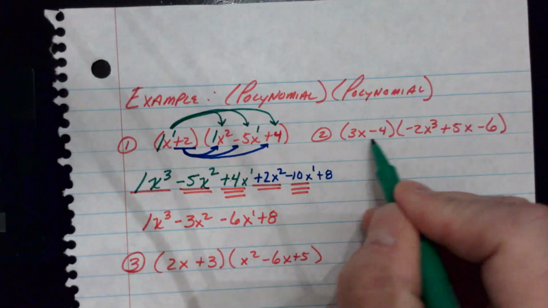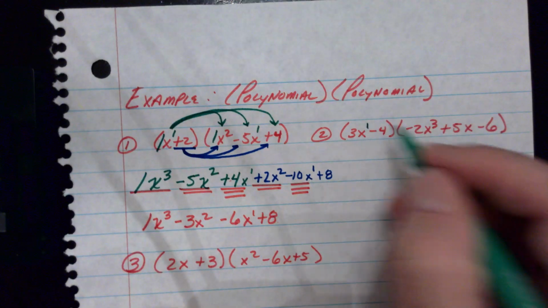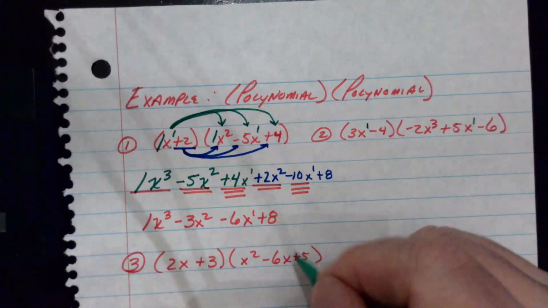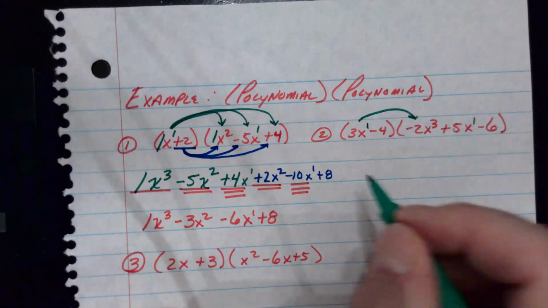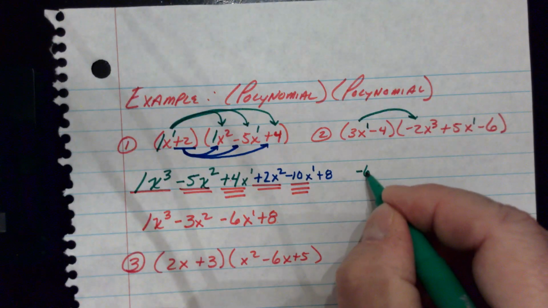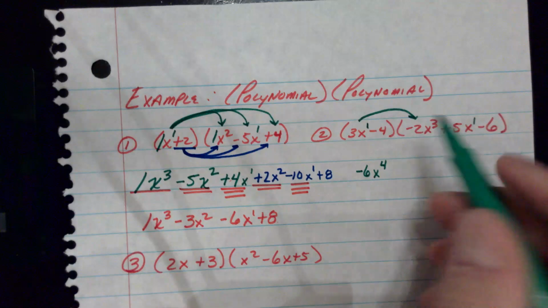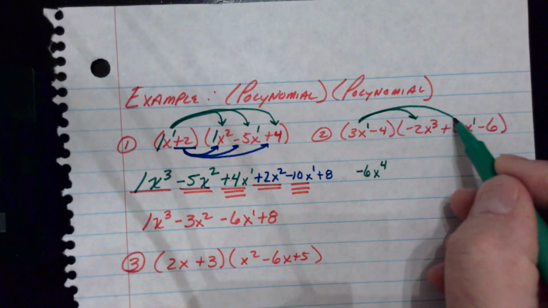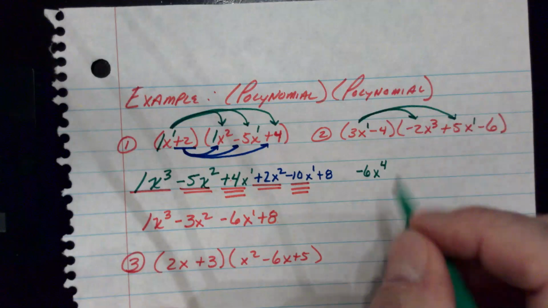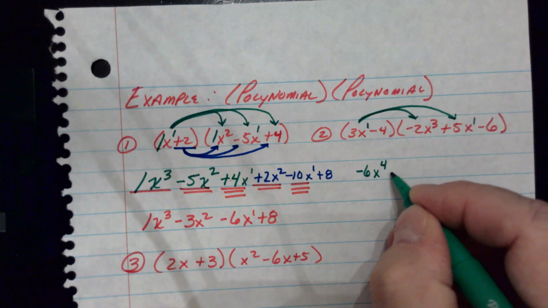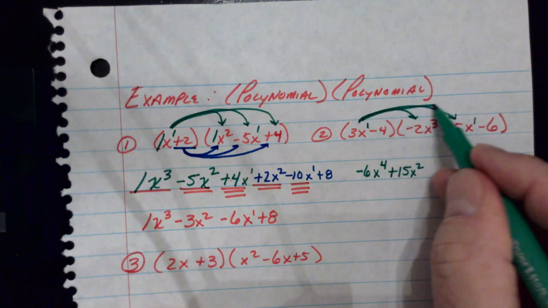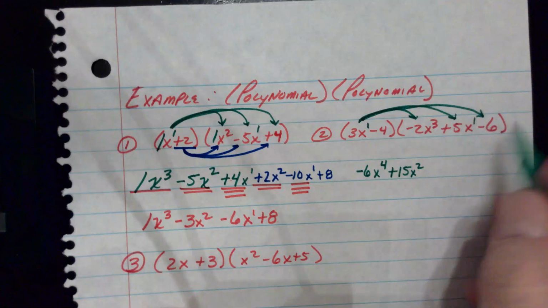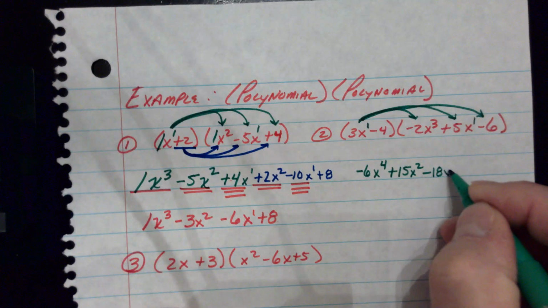Similarly, we're going to look at number 2. And again, put in the ones that need to be there. There aren't many. Multiplying over the top, bigs times the bigs gives me negative 6x to the fourth. Multiplying 3x times 5x to the first is 15x squared. 3x times negative 6 is negative 18x.